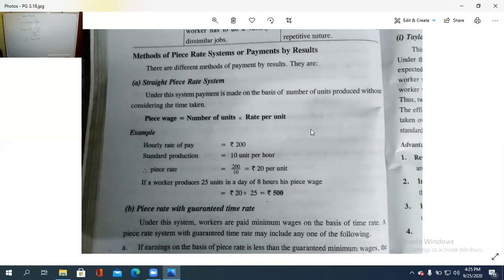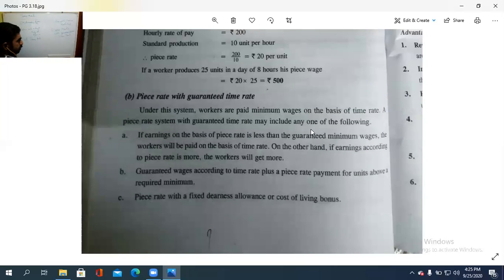Then, instead of this, there is the straight piece rate system, then piece rate with a guaranteed time rate, and the third one is the differential piece rate system.